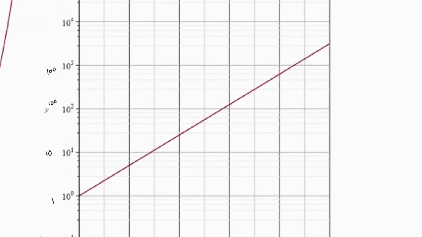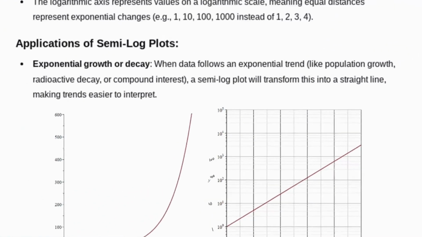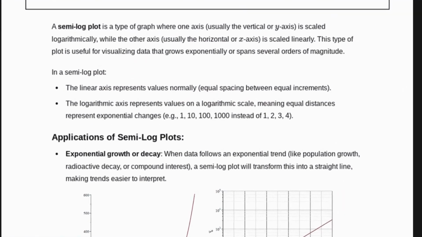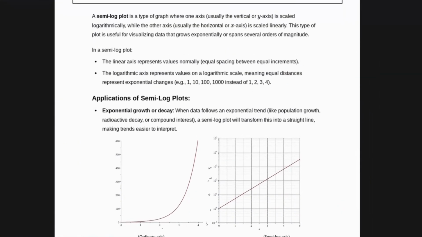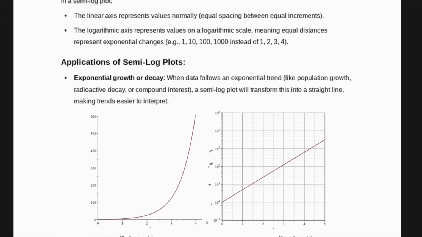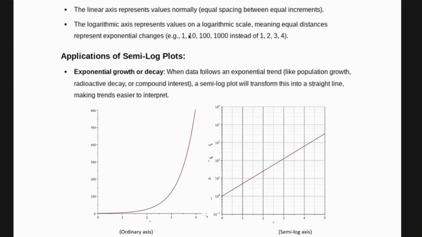Now, let's keep talking a little bit about these before we get into the weeds. This type of plot is useful for visualizing data that grows exponentially or spans several orders of magnitude. In a semi-log plot, the linear axis, the x-axis, represents values normally by equal spacing.